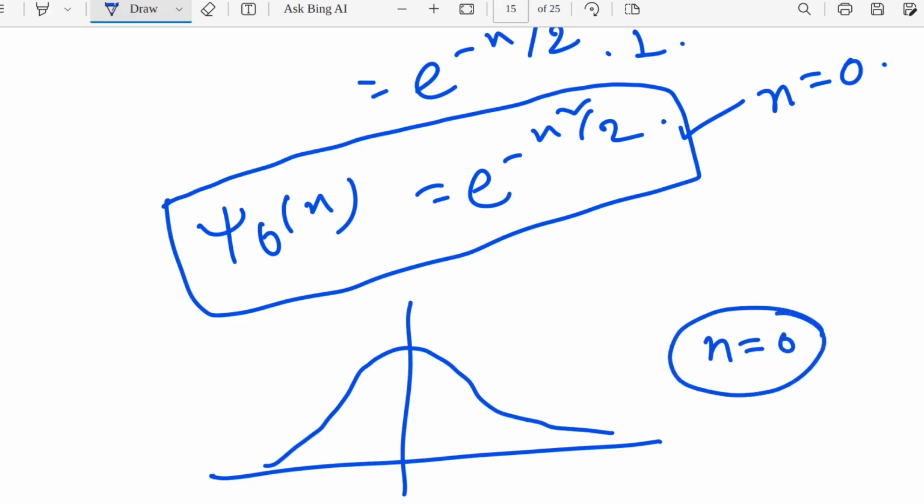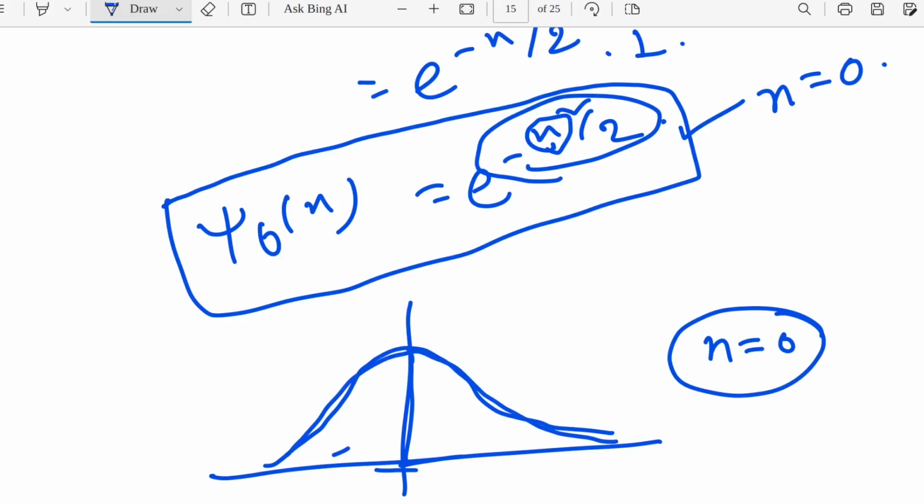At n equals 0, because of e to the power minus x square by 2, whenever x is plus or minus, x square will give a positive value. That's why e to the power minus x square by 2 gives that type of nature, because this is the peak point and after that it will decrease like e to the power minus x square, and it will also decrease on the negative x axis.